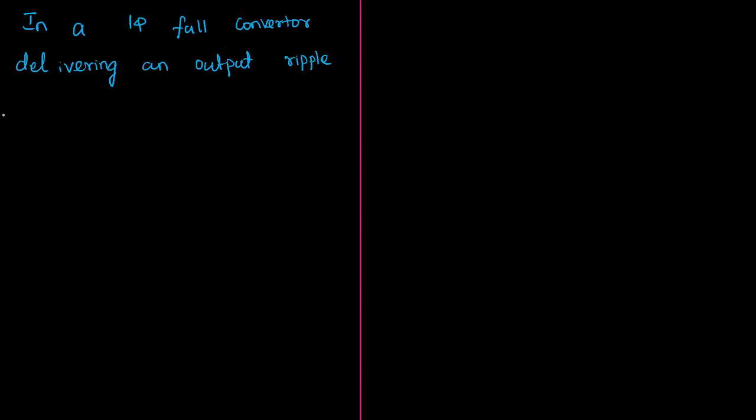The next question, write it down once again. In a single phase full converter delivering an output ripple free load current, as usual same data, ripple free load current of 20 ampere.